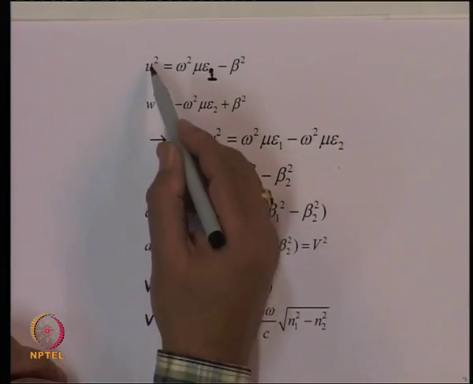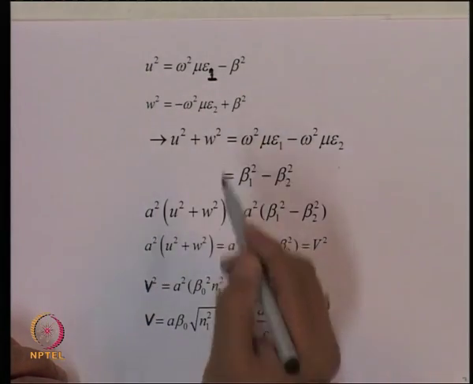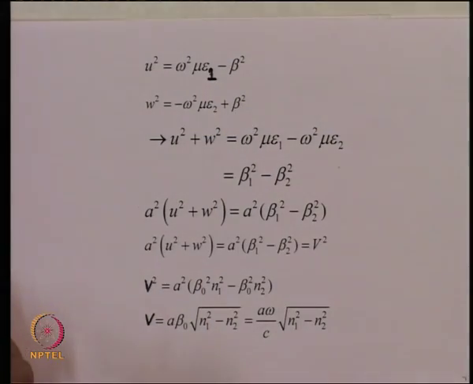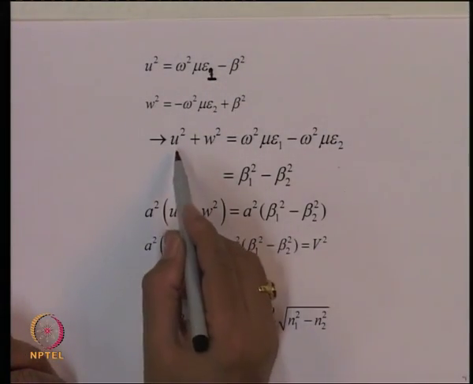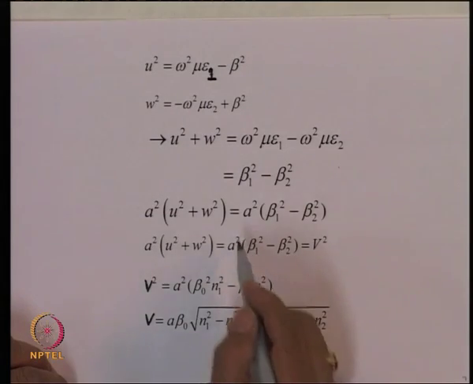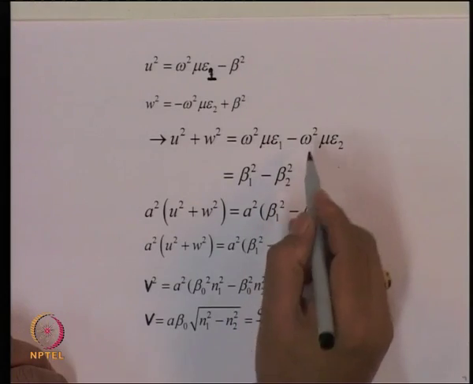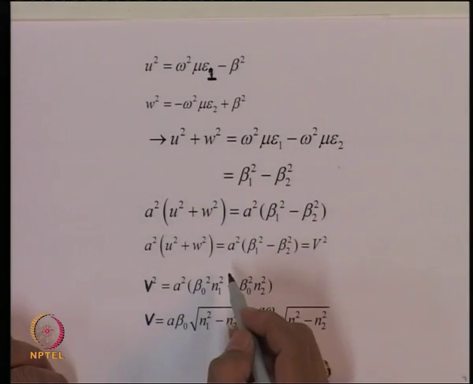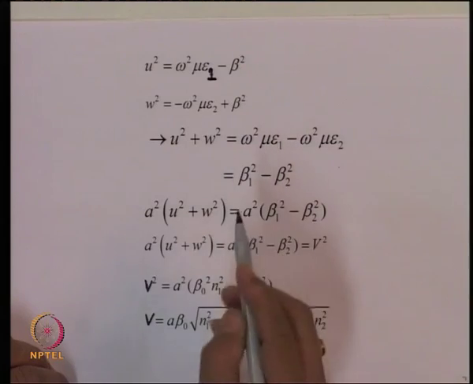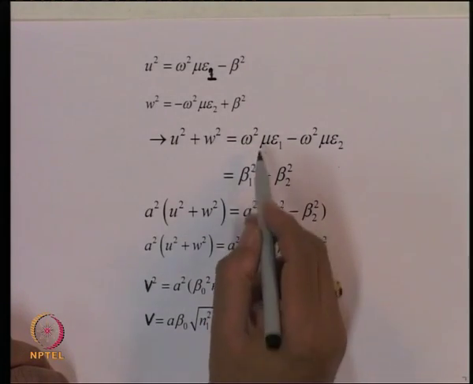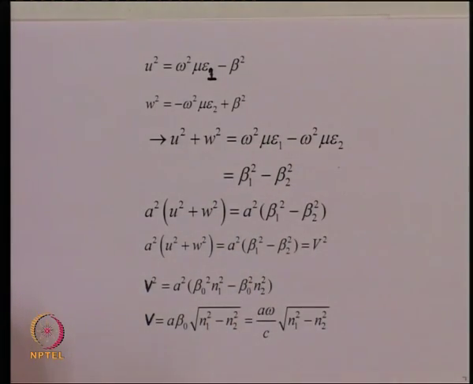You find that the sum of these two quantities is independent of beta. So u square plus w square is nothing but omega square mu epsilon 1 minus omega square mu epsilon 2, and this is beta 1 square minus beta 2 square.